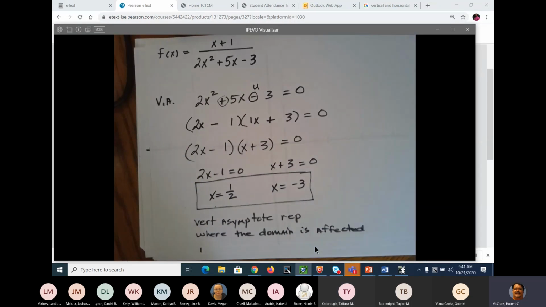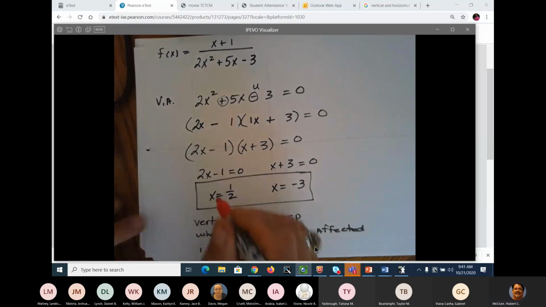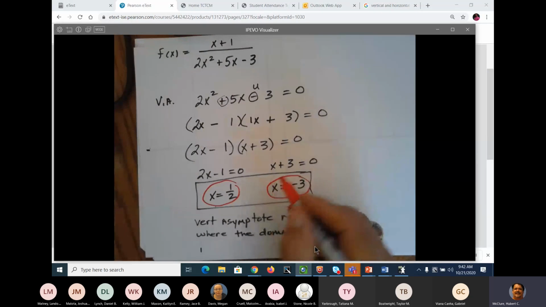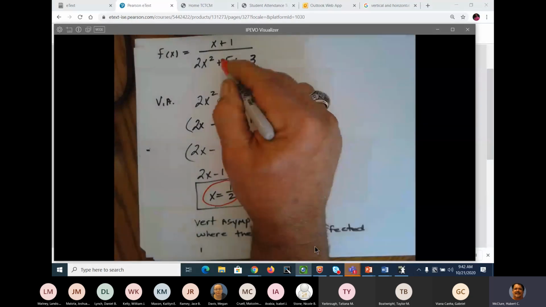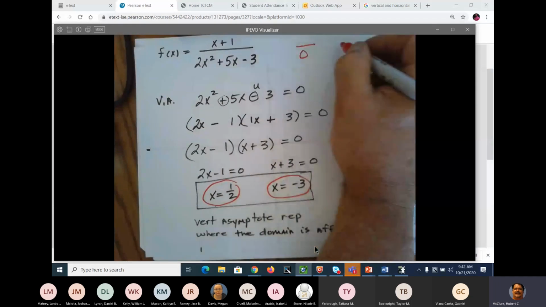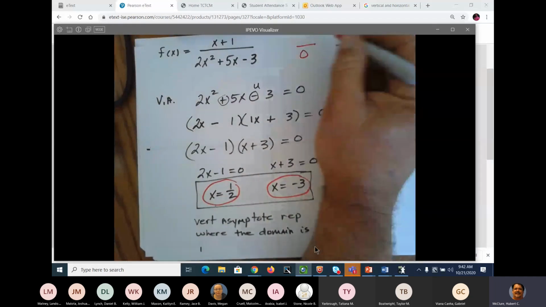I'm going to get what? Okay, I'm going to get 0. So if I plug 1/2 and -3 into this function, I'm going to get a 0 in the denominator, and I can't have that.